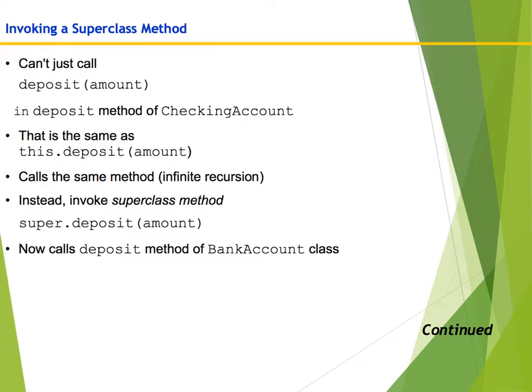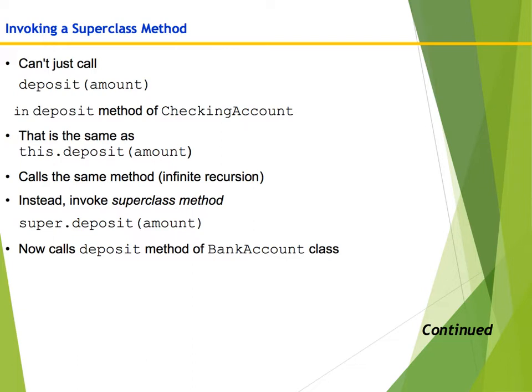So it doesn't invoke the deposit method of the subclass, which overrides the superclass's deposit method. And instead, it calls the original implementation of the deposit method that is defined in the superclass. So this is how you invoke a superclass method, by using the keyword super before deposit.